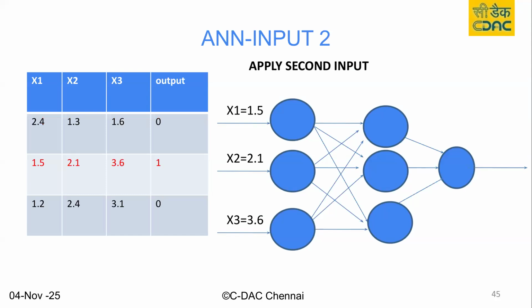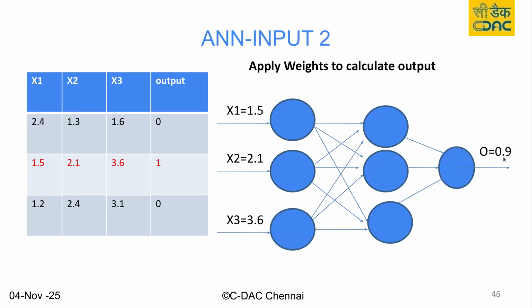After that, I can apply the second row, input 1.5 to 3.6, and my expected outcome is 1. Each time I apply an input, after all the calculation I get an output value, here 0.9, and my expected outcome was 1.